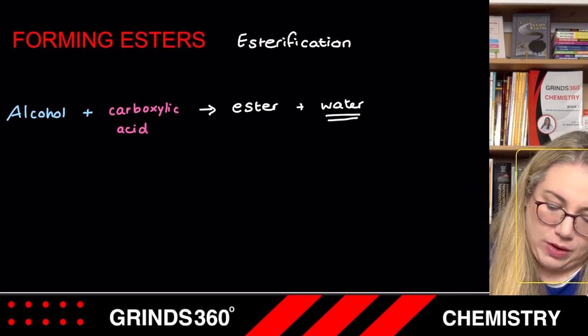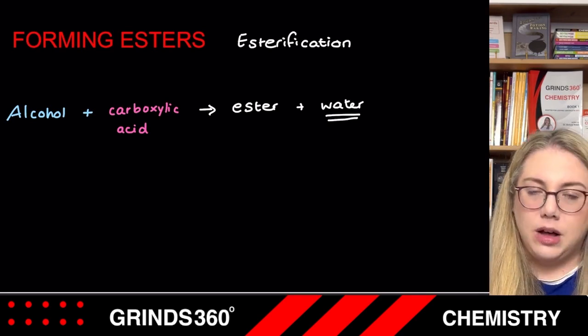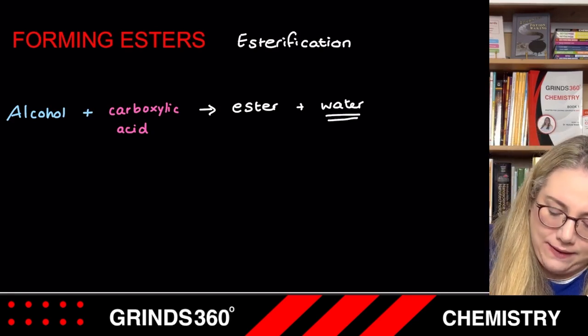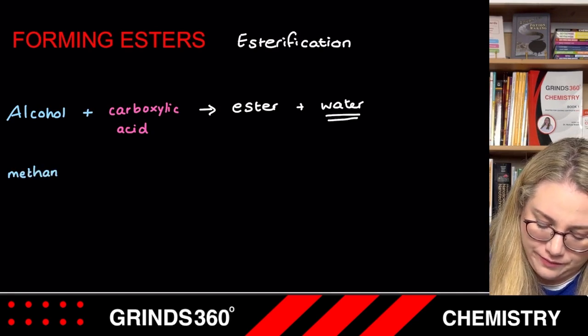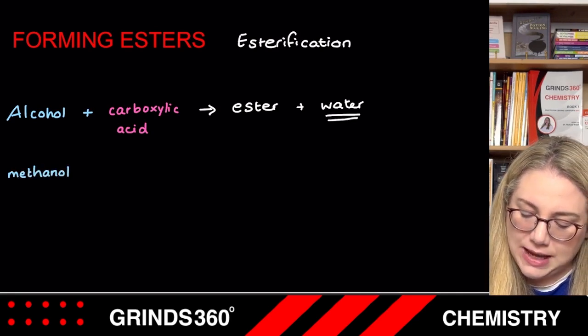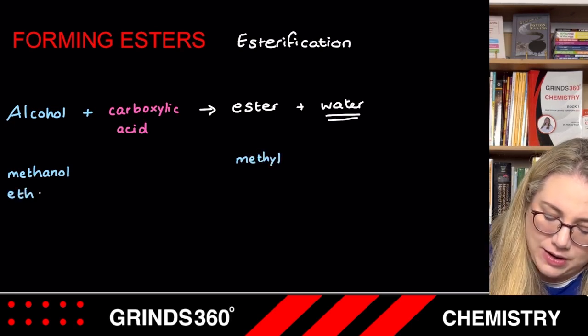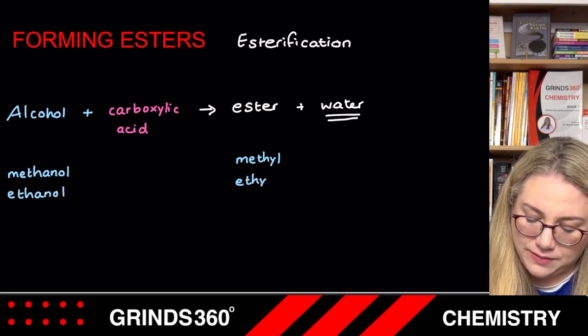Now, when you are naming your ester, the alcohol part forms the first part of the ester's name. So if your alcohol was methanol, the ester that will form will be methyl something. If the alcohol was ethanol, then the ester will start with ethyl.